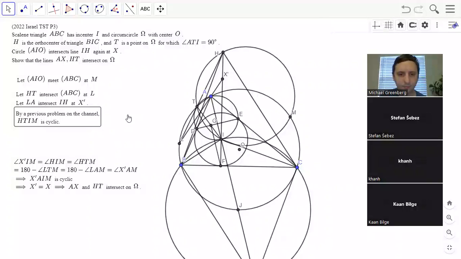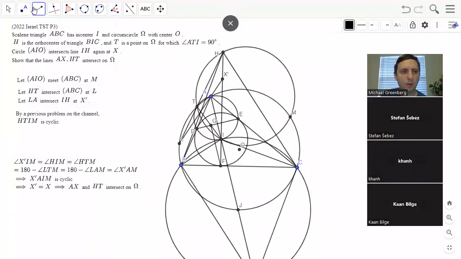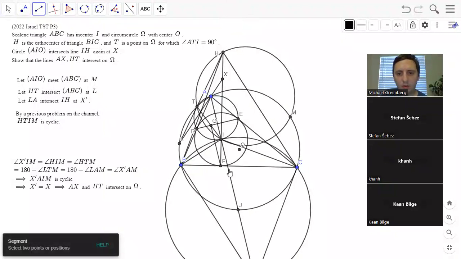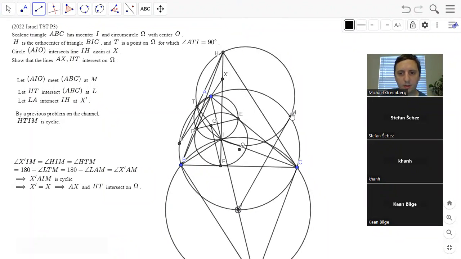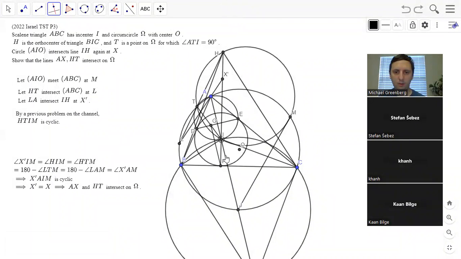Oh, okay. So can you connect JM? Yes. And can you draw the line through I perpendicular to IA? And that actually ends up being IT, or sorry. Okay.